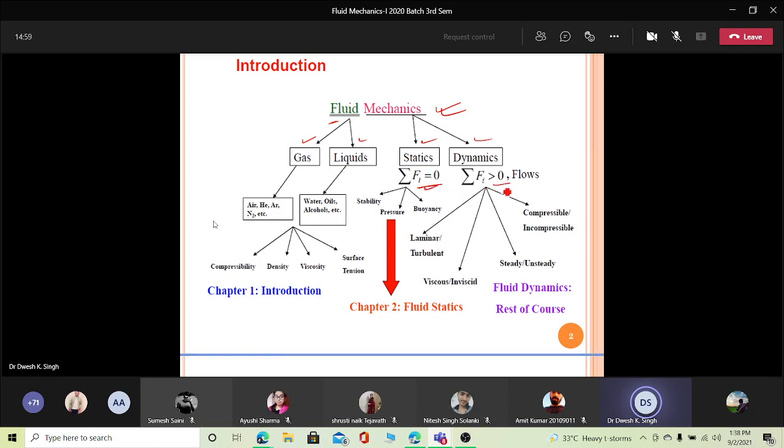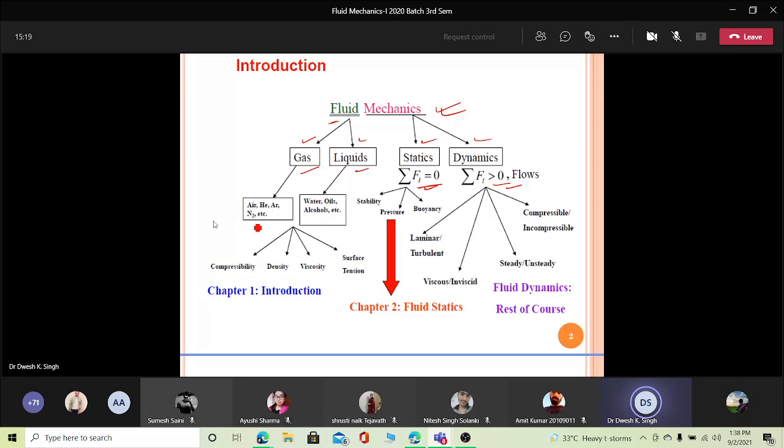But in the case of dynamics, we know that dynamics is only possible when there is an unbalanced force. If there is a balanced force, then it will be like statics. Now let's discuss gas and liquid.